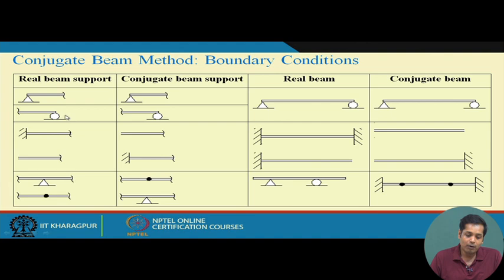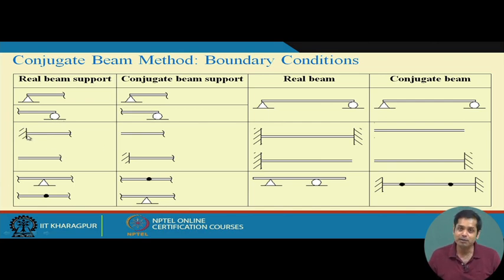Now, deflection is related to moment, so the support will be such that it does not have any constraint against moment, and since the slope is non-zero here, the support should have non-zero shear. So, we need a support where shear is non-zero, but moment is 0. So, this is a roller support.